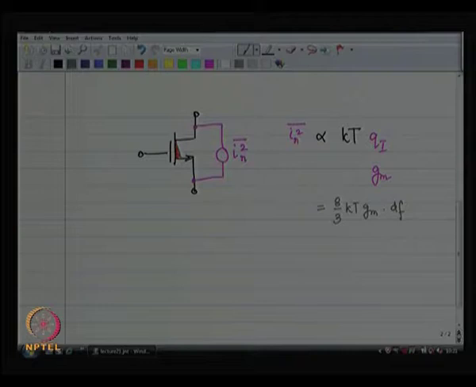Okay, this is the end result of all the analysis that you would want to do, and this 8 by 3 factor is really coming from the fact that the channel is tilted in favor of the source against the drain, right. So, that is where this by 3 factor is coming from.